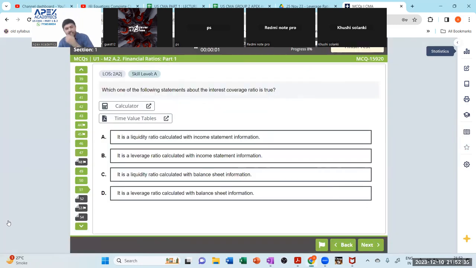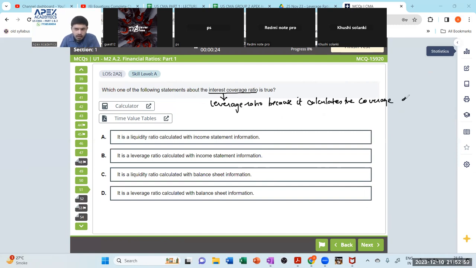Question number 51. Which one of the following statements about interest coverage ratio is true? Now, please understand, interest coverage ratio, first of all, is a leverage ratio because it calculates the coverage of a fixed financial cost by EBIT.